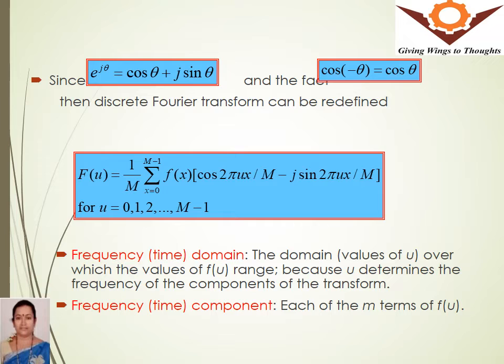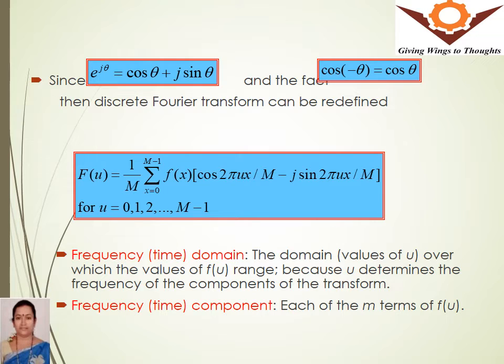In place of e power j 2 pi ux by m, we write cos 2 pi ux by m minus j sin 2 pi ux by m, for u equals 0, 1, 2 and so on up to m minus 1. Without this range of u in the one-dimensional case, or uv in the two-dimensional case, there is no meaning for this equation. That's the reason it's very essential to mark the range of u, as well as uv in two-dimensional notation.